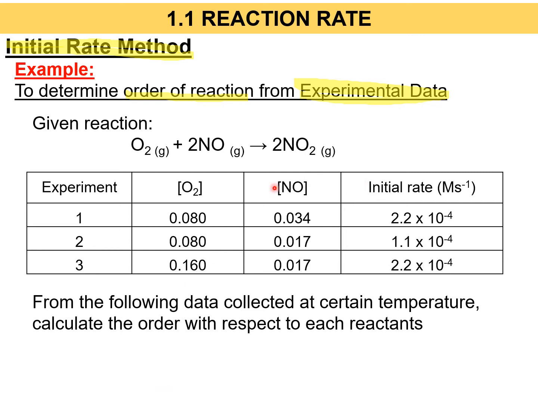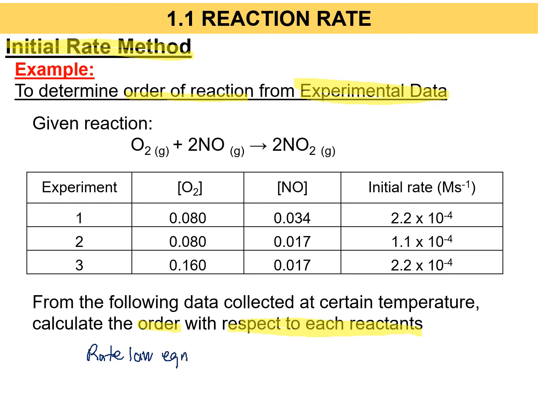So kalau you ada experimental data macam ni, and then soalan suruh kamu cari order of reaction. Okay, order with respect to each reactant pula tu. So kat sini you kena cepat-cepat fikir, you kena cepat-cepat buat rate law equation.